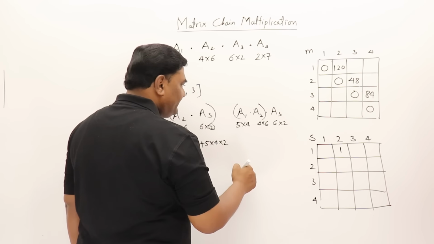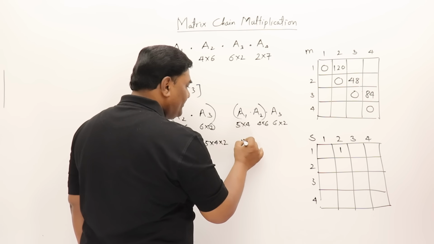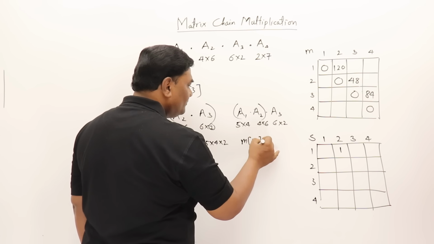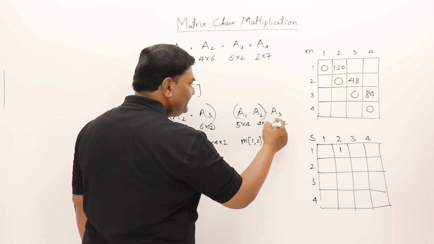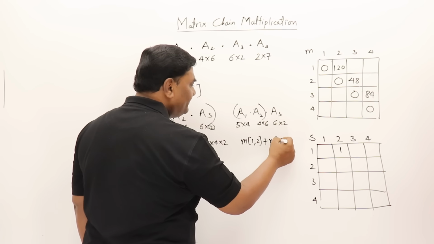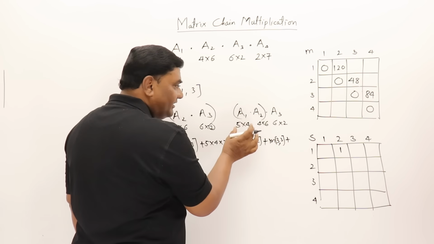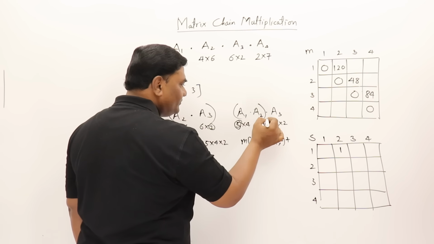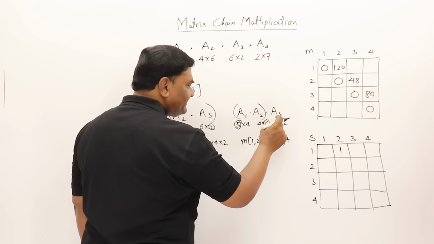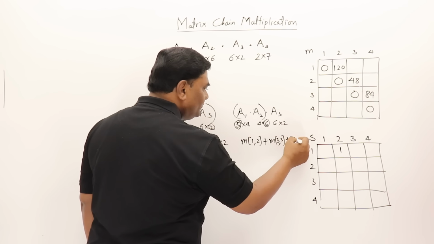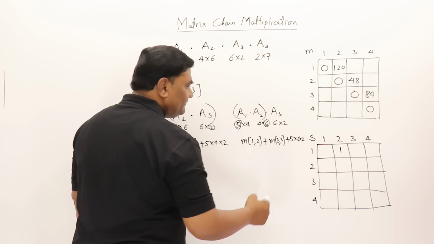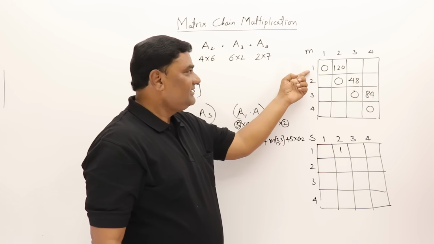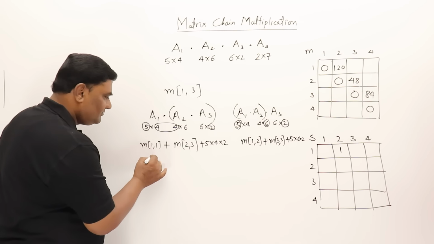Then what about the other side? This is M of 1 comma 2 plus M of, this is just A3, so write 3 comma 3. Then plus, what are the dimensions? See, the final dimensions of this one will be these two. So 5 into 6 into 2. Now, M of 1 comma 1 is how much? 0.